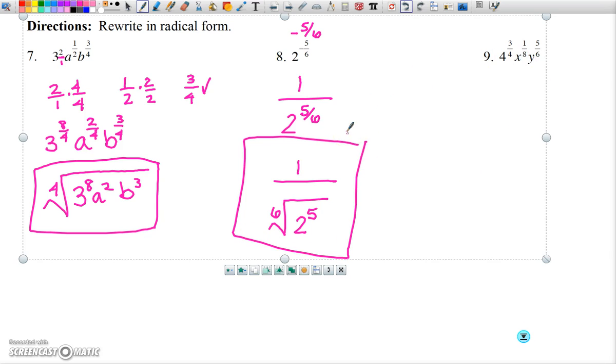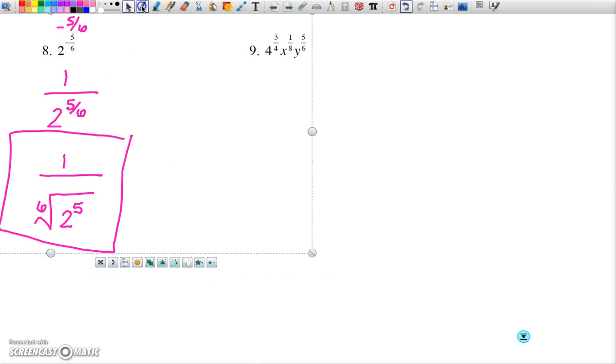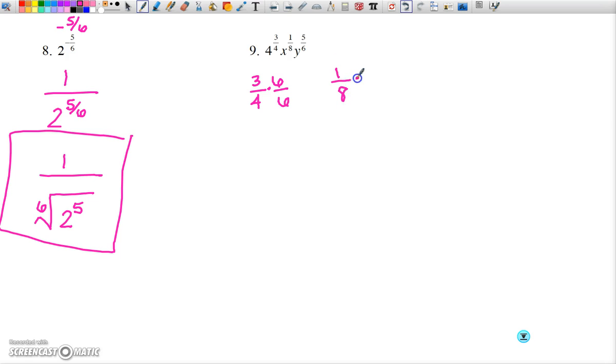Okay, and then with number 9, sorry, I have to shift it. So number 9 here, again, get a common denominator, which in this case would be 24. 4, 8, and 6 all go into 24, so we'll take 3/4 and multiply it by 6/6, take 1/8 and multiply it by 3/3, and then take 5/6 and multiply that by 4/4, leaving us with 4 to the 18/24 times x to the 3/24 times y to the 20/24.